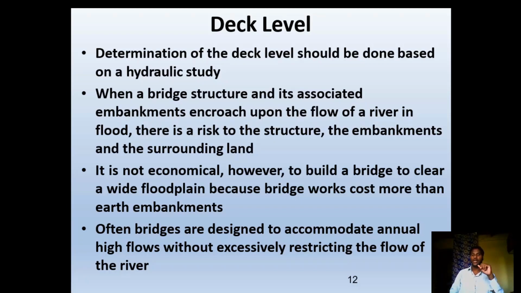It is not economical, however, to build a bridge to clear a wide floodplain because bridge works cost more than earth embankments. Often bridges are designed to accommodate annual high flows without excessively restricting the flow of the river.